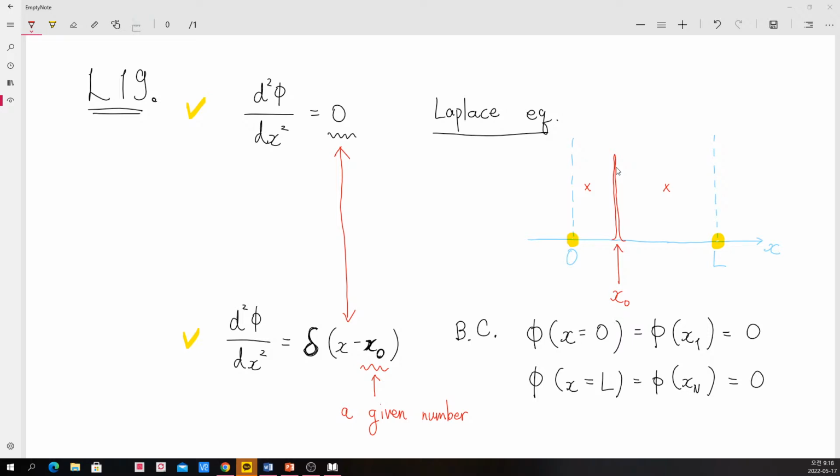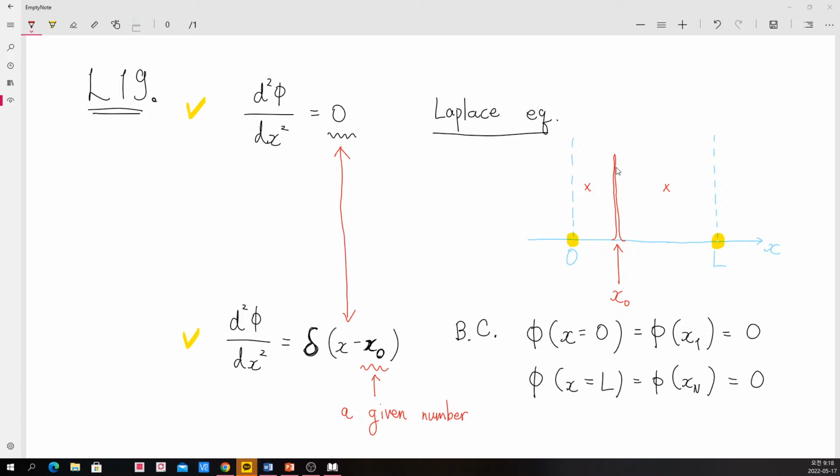That information can be obtained from the Laplace equation. But in this Poisson equation, instead, we obtain the potential distribution when charge is injected or existing at a certain position.